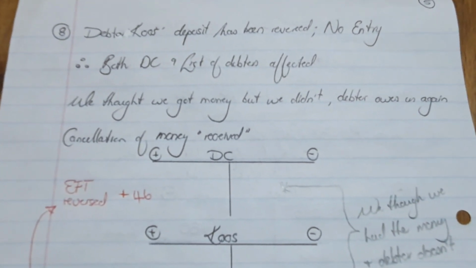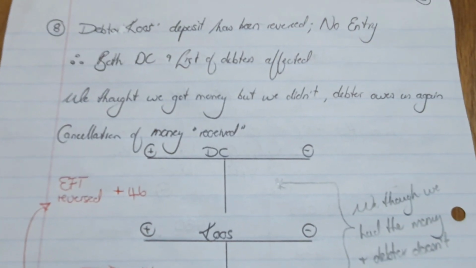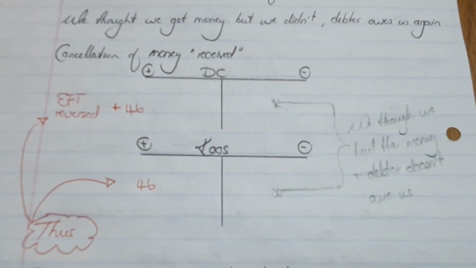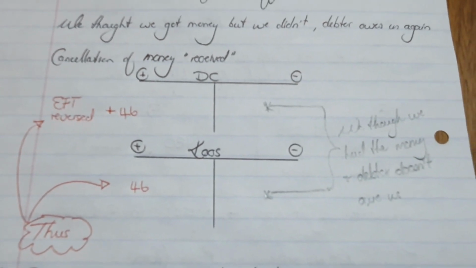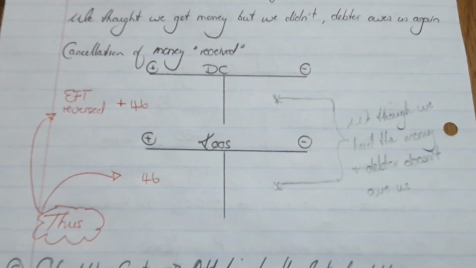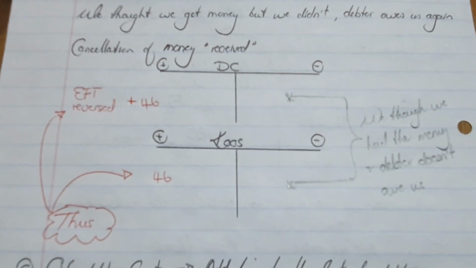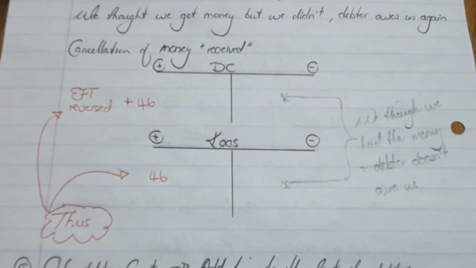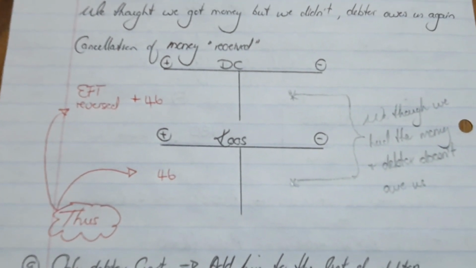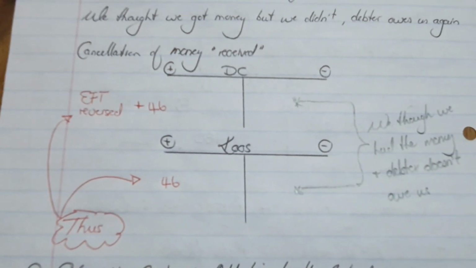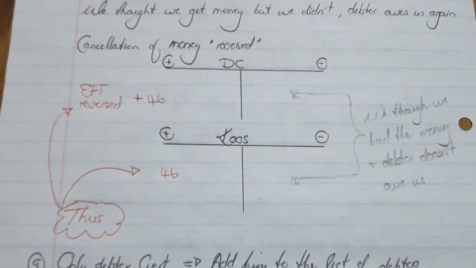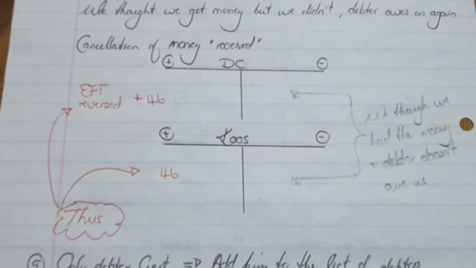So therefore, both the debtors control account and the list will be affected. Where we thought we had received the money, decreasing the debt of the debtors as well as the individual account of Koos, now we need to add back this 46 Rand on the debit side of debtors control, and because this entry was not yet recorded, the total debt of debtors will be increasing because of Koos's individual account, that he is now owing us the 46 Rand again.